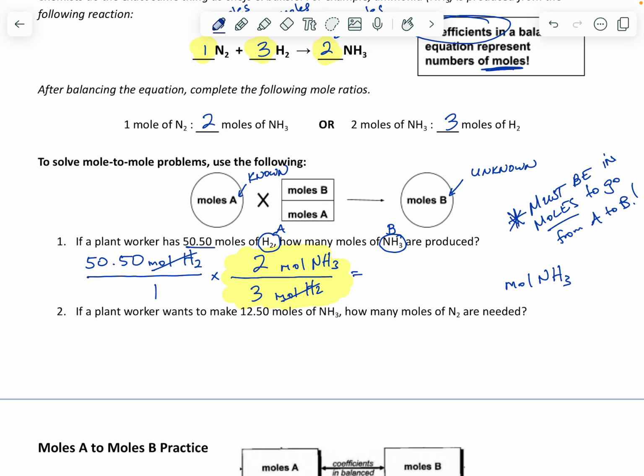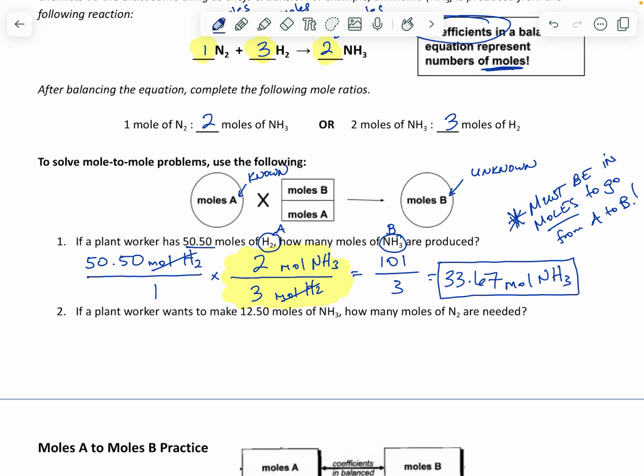I have 101 over 1 times 3, which is 3. And I go 101 divided by 3. That's going to give me 33.67. So there would be 33.67 moles of ammonia, NH3, based off of how many moles of hydrogen.